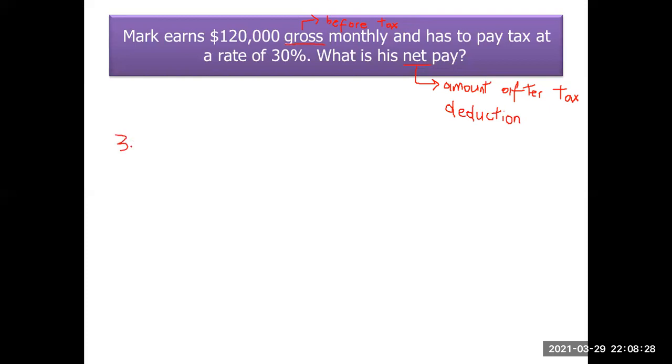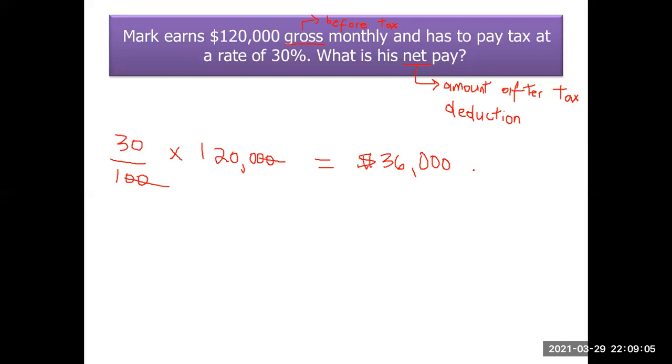Find 30% of 120,000. And what does that give us? 1,200 times 30. All right. Now this amount is the tax.